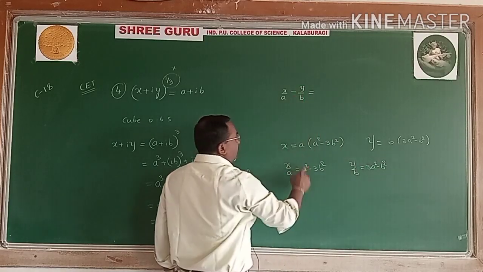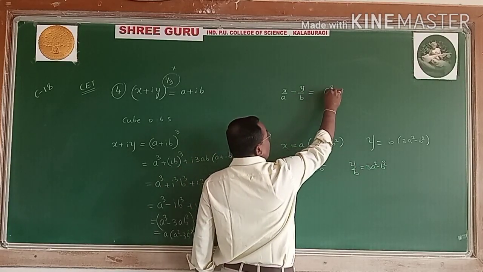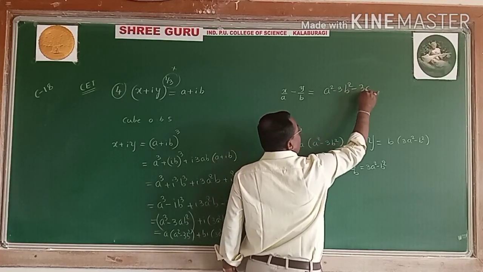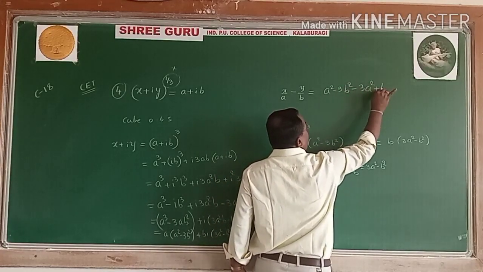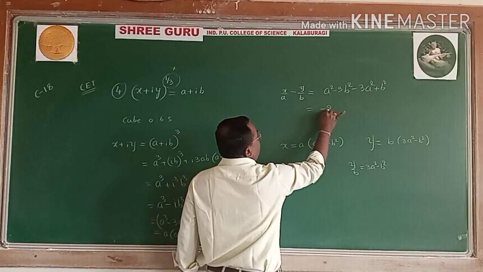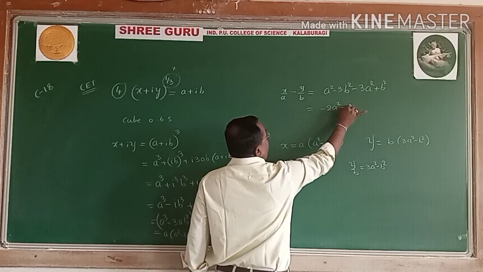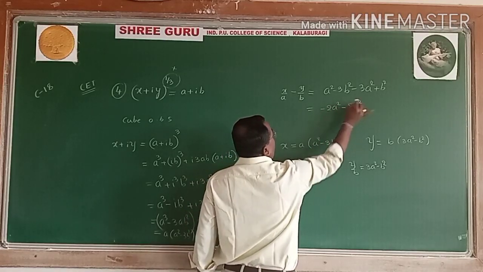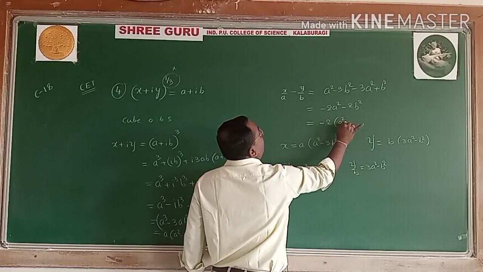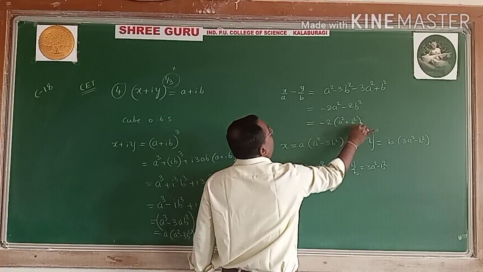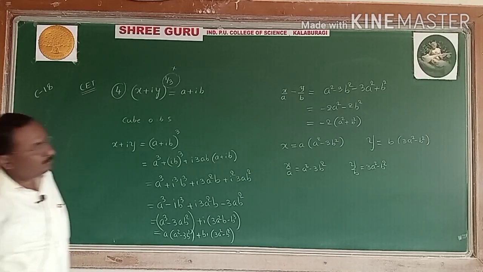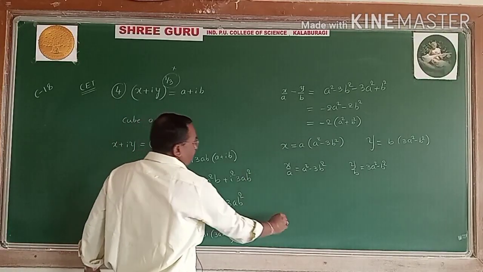Substitute: x by a minus y by b is a square minus 3b square minus 3a square plus b square, which is minus 2 times a square minus 2 times b square. Taking minus 2 common, minus 2 times (a square plus b square). Which option is that? That is the second option, B.